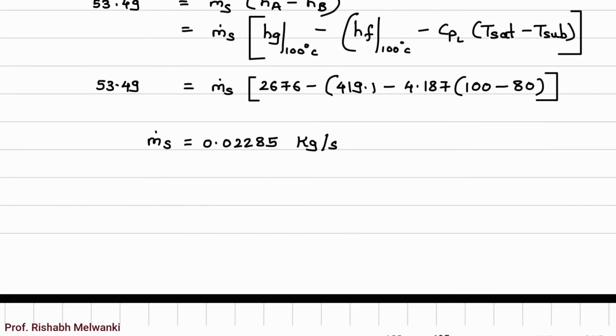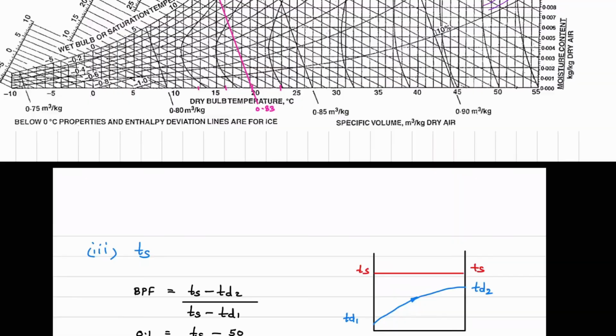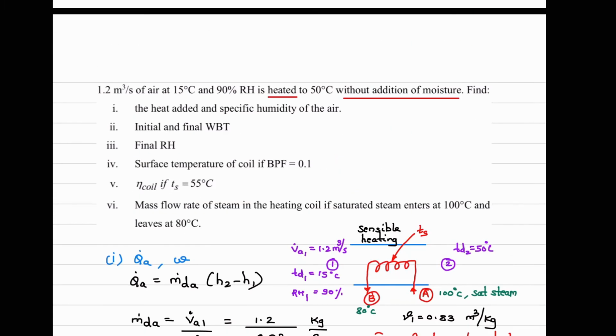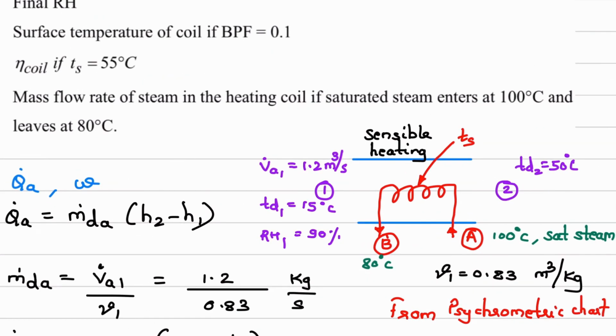So we can convert this into kg per hour. So mass flow rate of steam is equal to 82.269 kg per hour. Now what is the meaning of this? Understand it with the help of the diagram. What we have found out over here is, suppose this is the heating coil.